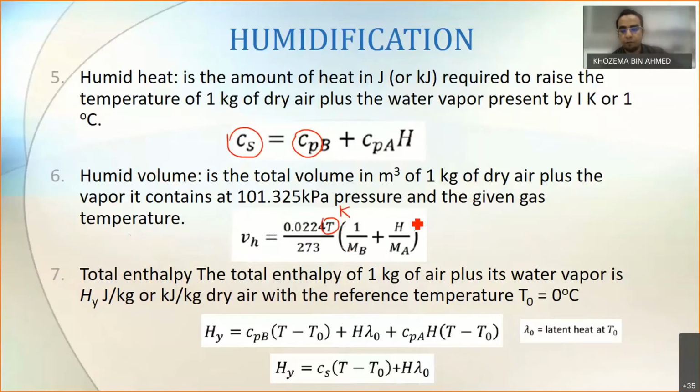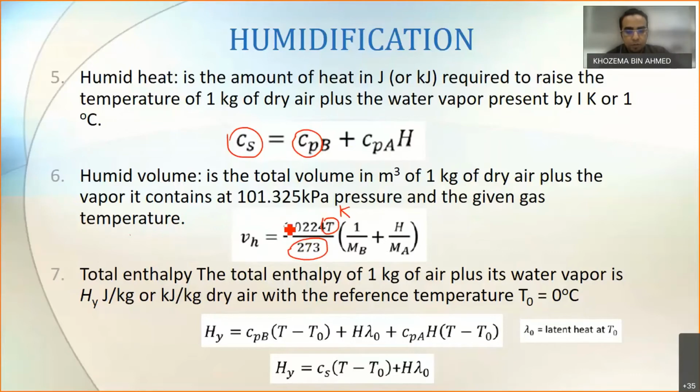Now this T must always be in Kelvin. So if you have your temperature in degrees Celsius, and if you are asked to calculate the value of humid volume, you must convert this unit into Kelvin first. And then 1 over MB plus 1 over H over MA. So this one actually, if you see here, this 237 is actually for the unit conversion.